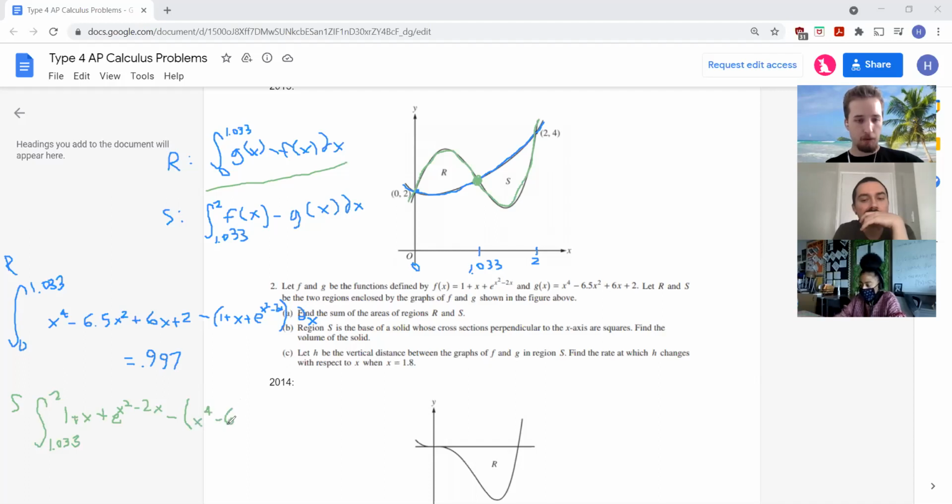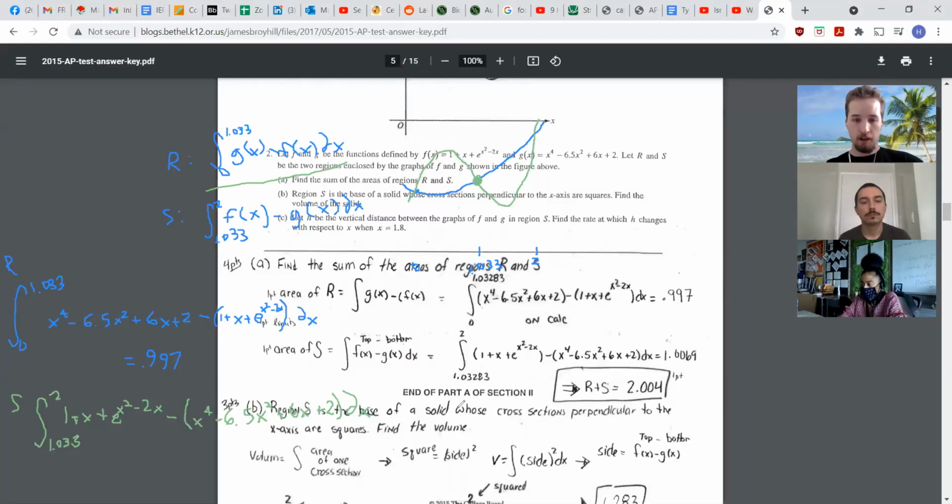This is a calculator problem, so you really want to do this on a calculator. Rose is going to get you calculators today to help you practice. When you plug in this integral on your calculator, you get 1.0069.